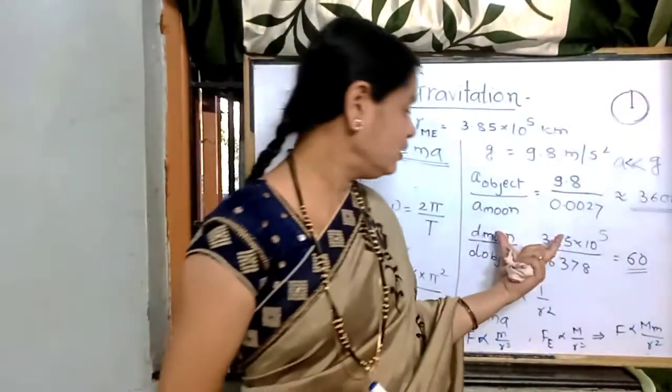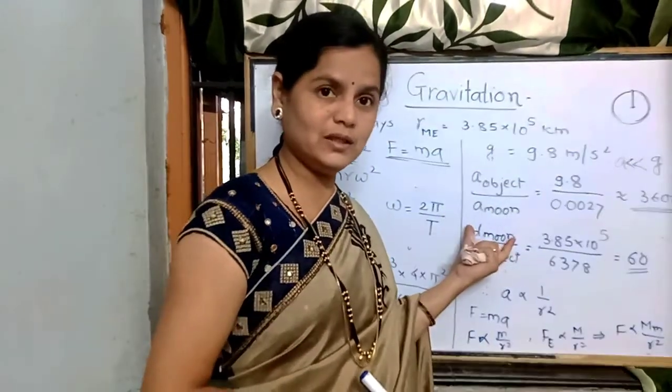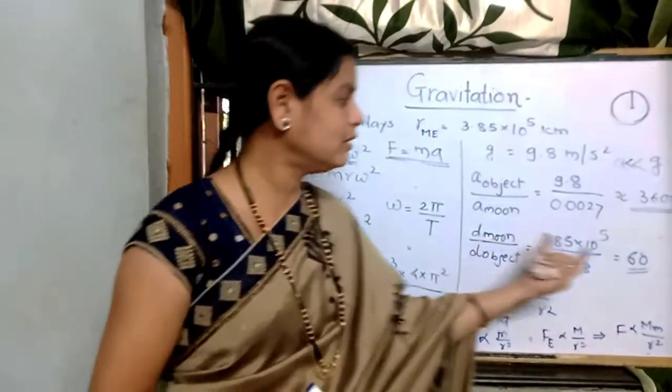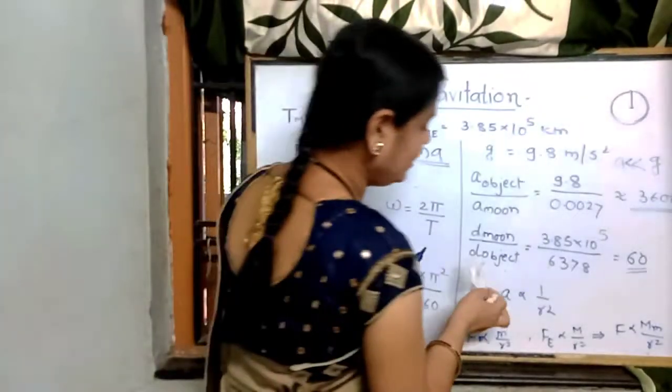If we find the ratio of the distance of the moon from the center of the earth and the distance of the object from the center of the earth, this ratio is equal to 60. What does it mean?